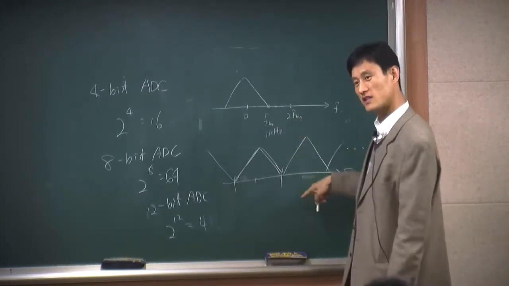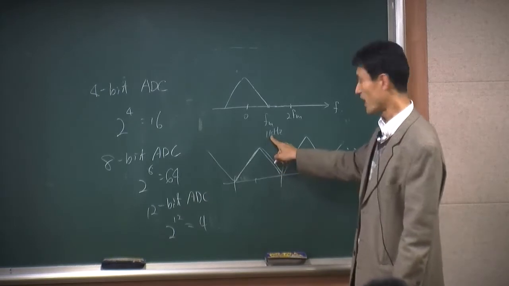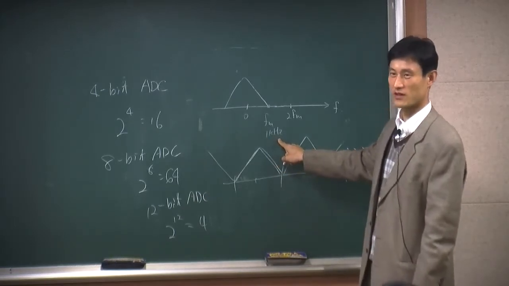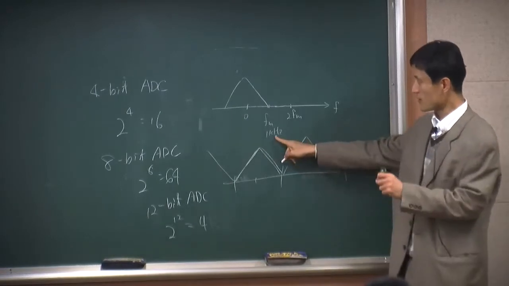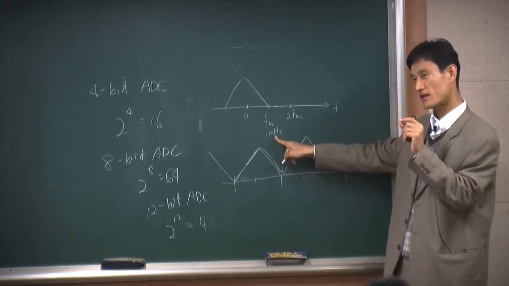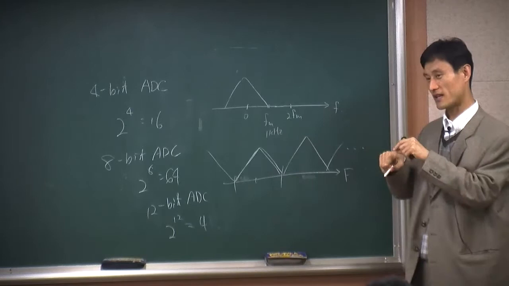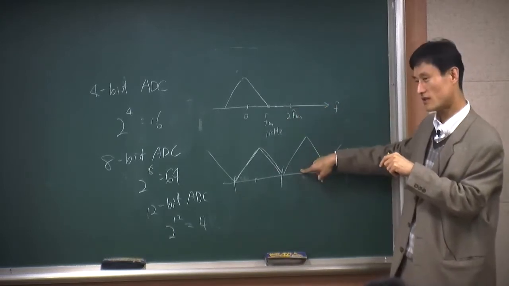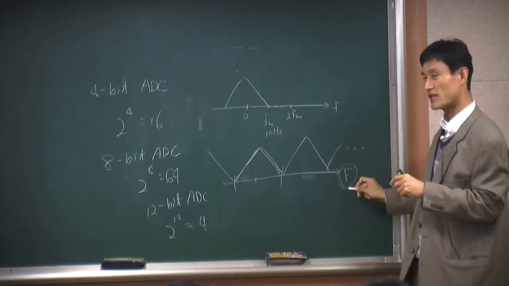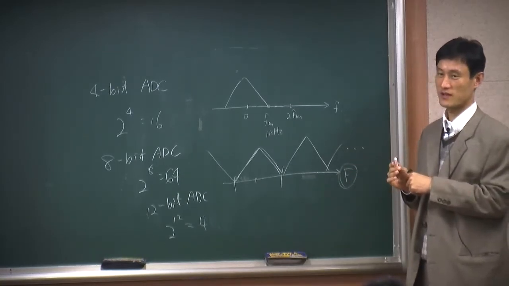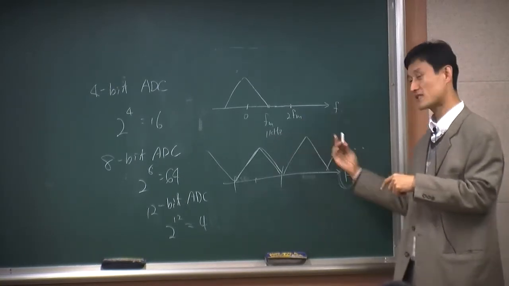But in digital frequency domain, you don't have kilohertz concept. This hertz concept is gone. Why? Because this is an original frequency. Now you apply the sampling to change the analog to digital. When you apply the sampling, this digital frequency is a normalized frequency. So original frequency divided by sampling frequency.